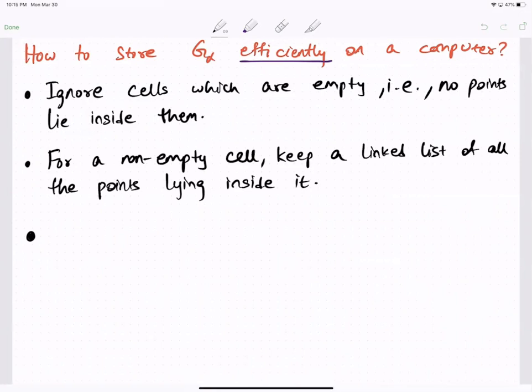The final step is the following. For all the non-empty cells, just maintain a hash table. And this is possible because we are assigning a unique ID to every cell. So that's why all the work that I was showing before was to show that every cell will have a unique ID, and those are nice integers, right?